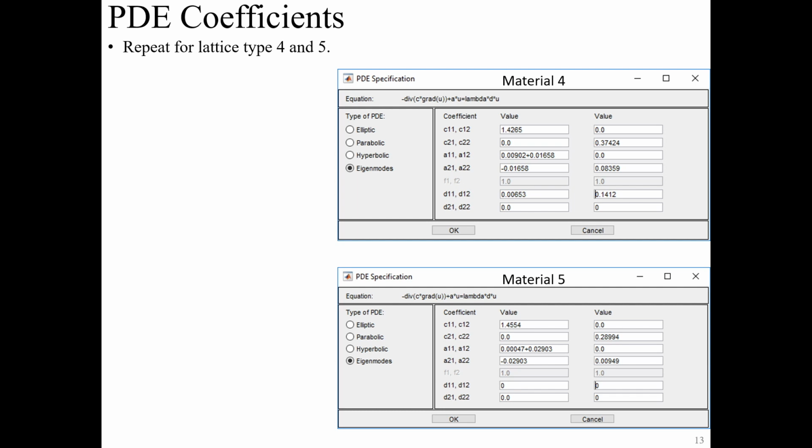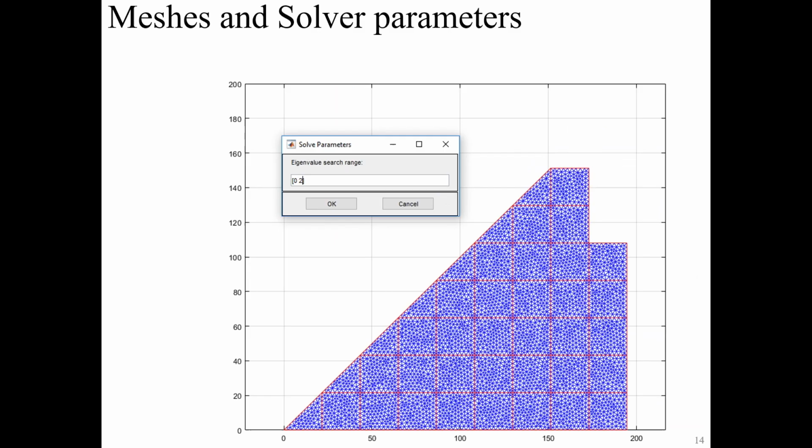Then do the same thing for material type 5 and material type 4. Then change the sort parameter: reduce your eigenvalue search range to 0 and 2.